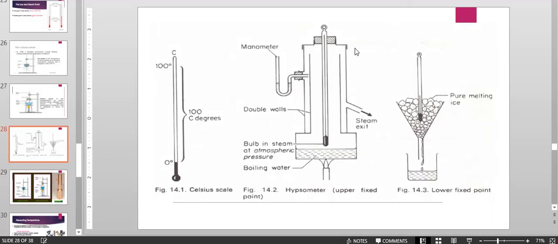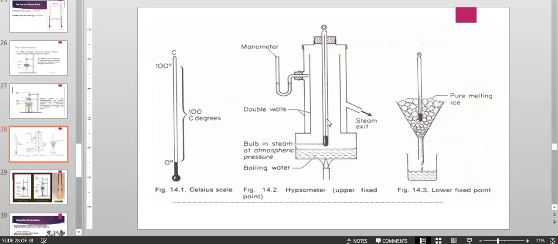This is basically the apparatus which is used to find out the steam point of water. This apparatus is known as a hypsometer, used to find out the upper fixed point. It is totally encapsulated in order to prevent any other pressure or any other obstacle. It is double walled. From one side it has a steam outlet from which the scientist will be able to know that the water has started converting into steam.